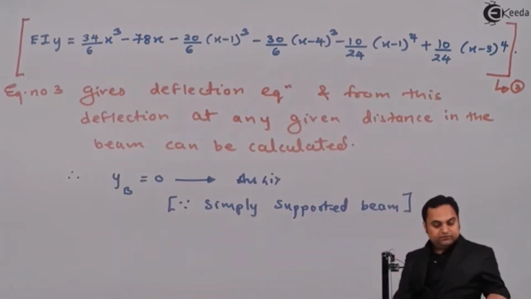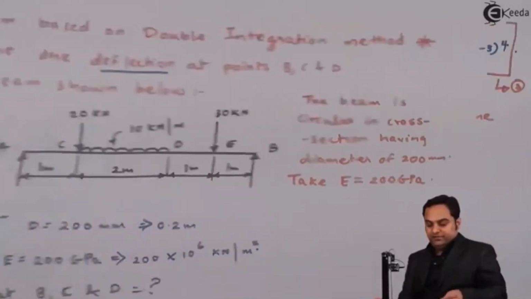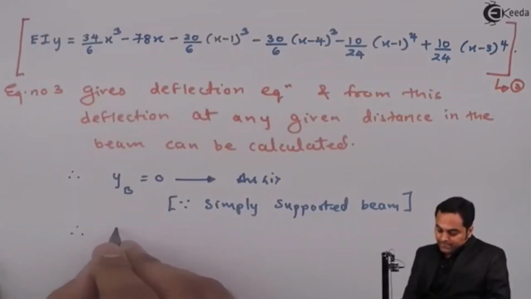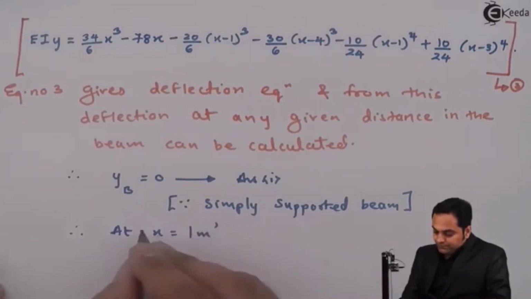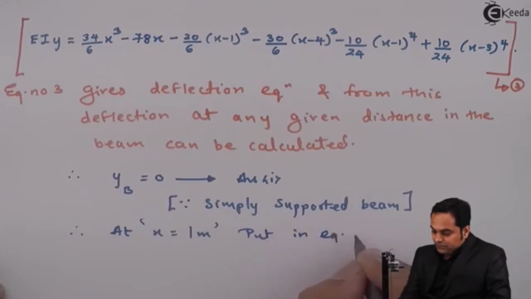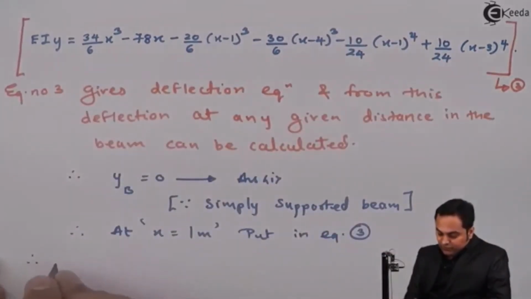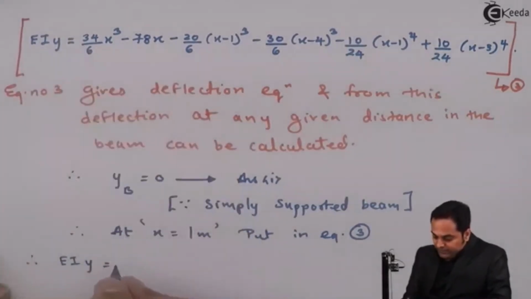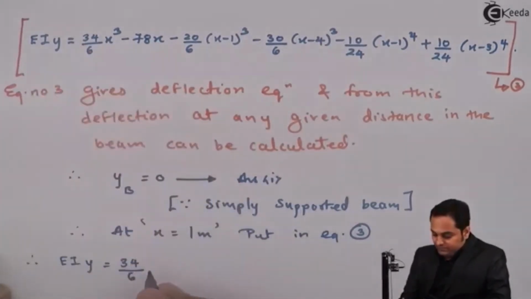Next, we have to find the deflection at point C, that is x is equal to 1 meter. So therefore, at x is equal to 1 meter, put in equation 3. So once I put the value here, that will be EI into y equals 34 by 6, x is 1, so 1 cube will remain 1, minus 78 into x, that is 78 into 1 will remain as it is.